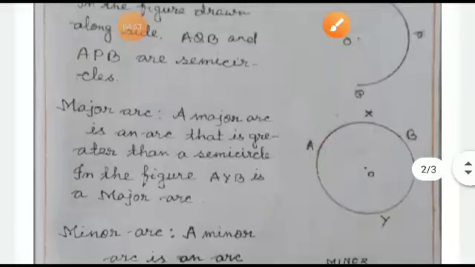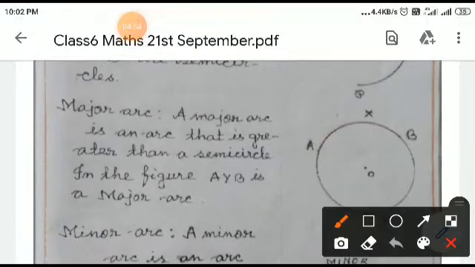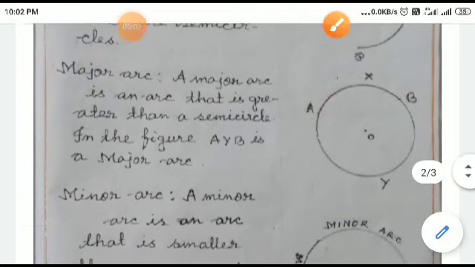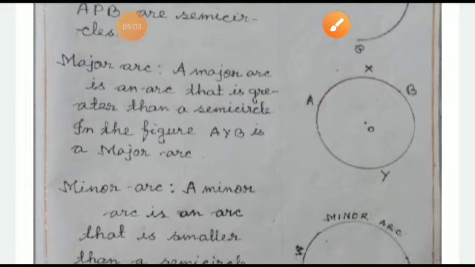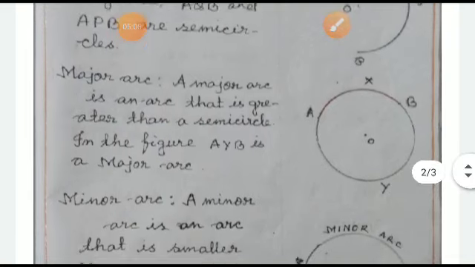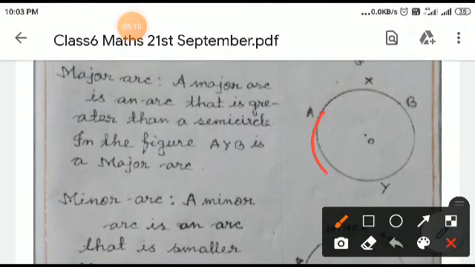Now, major arc. In the figure, taking 2 points A and B and joining the points, we get an arc which is greater than the semicircle. It is called the major arc. And on the opposite side, joining the arc AB, we get an arc which is smaller than the semicircle.